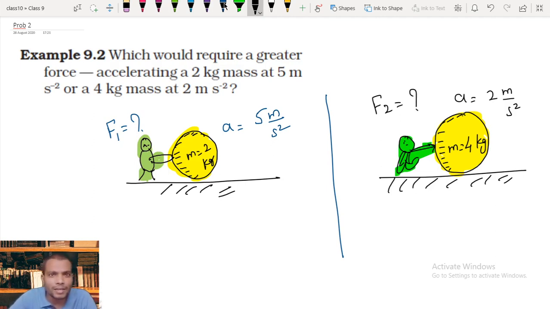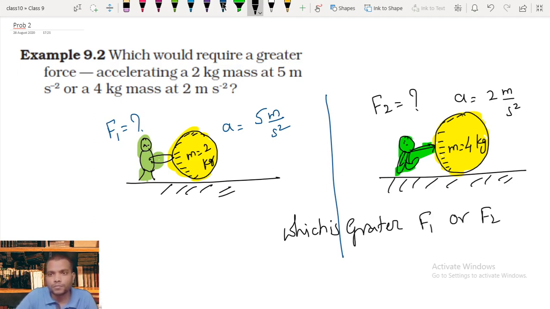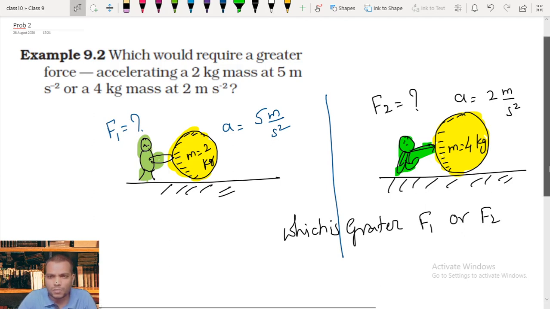Now we need to calculate which is greater. Which is greater? That is my question: F1 or F2? Which is the greater force? It is a simple formula.